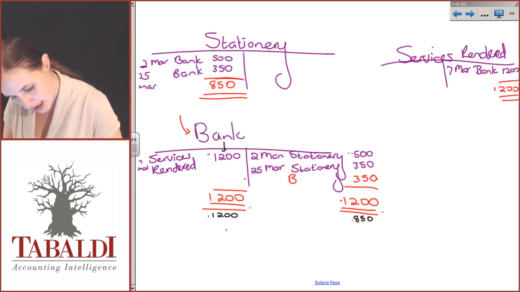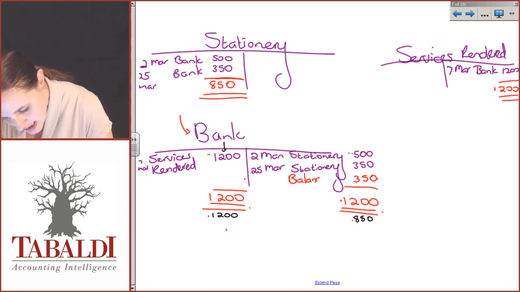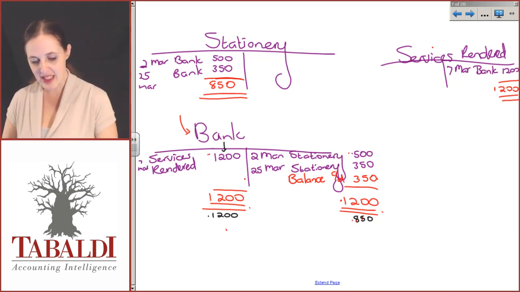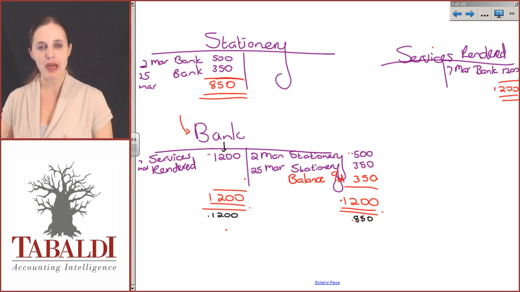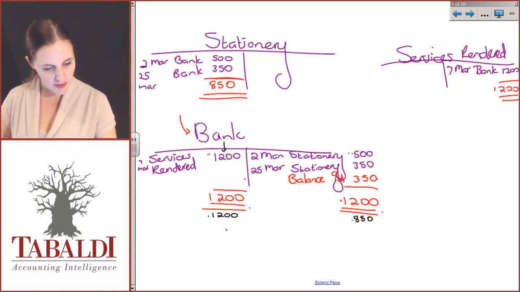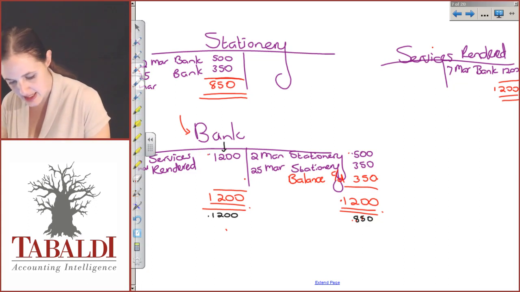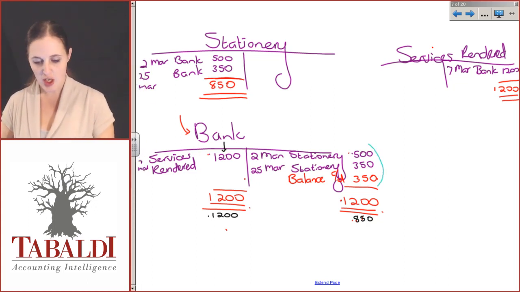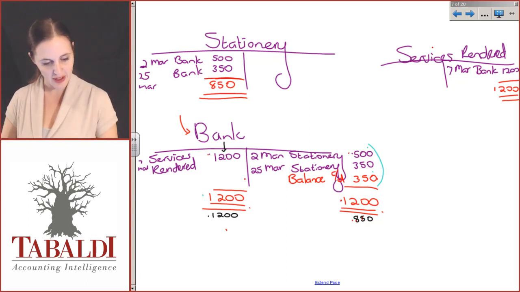So we write in there balance, and we put a little C/D, and that is called your balance carried down. Your balance carried down is 350, and what that's saying is that on the credit side, you need another 350 Rand to make up the amount that's on the debit side if you want this to balance.